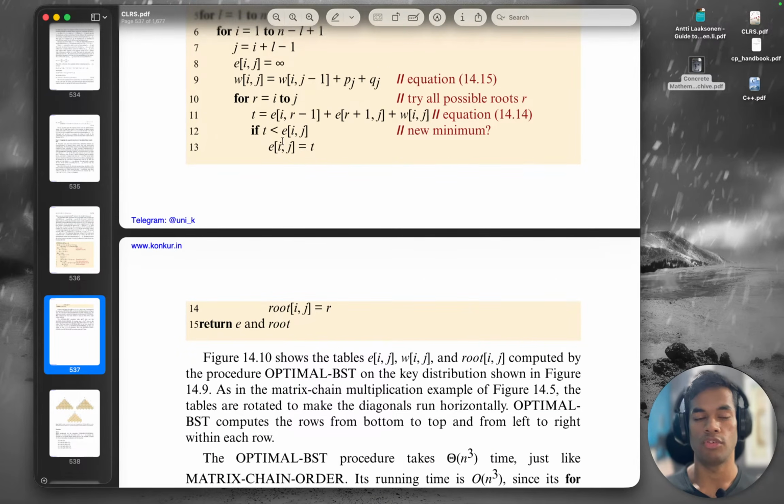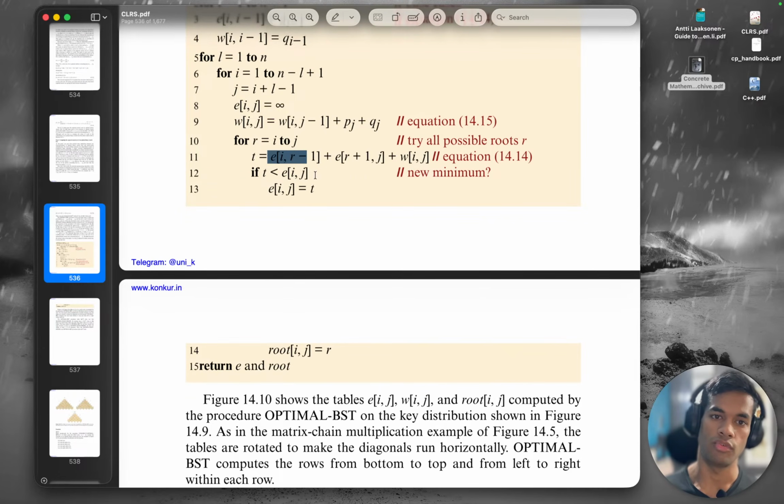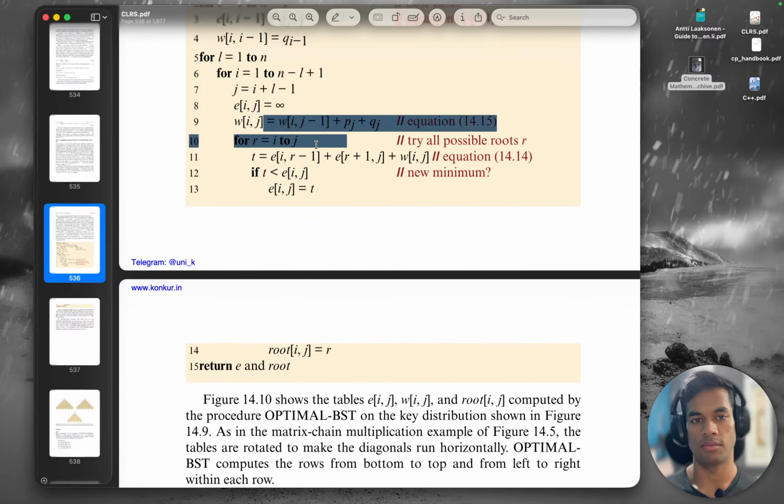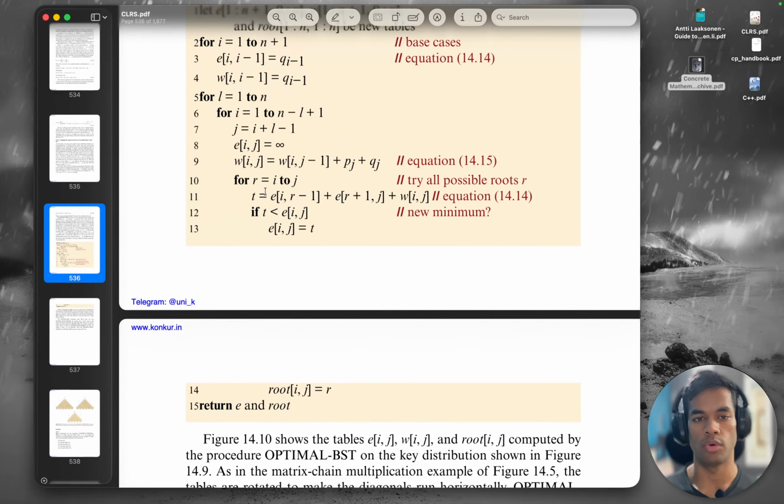And then we are changing this root. We can choose our root to be any of these nodes from i till j, where i and j are inclusive, and we are finding the correct value.